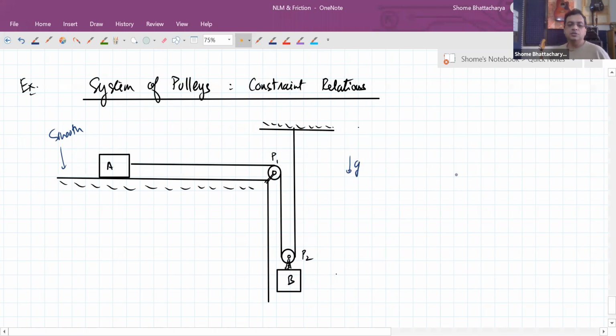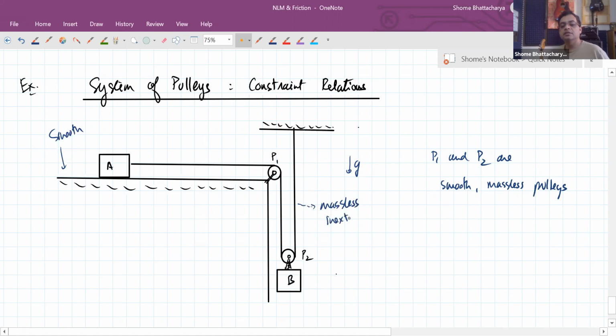This is a vertical situation. P1 and P2 are smooth and massless pulleys, or very light pulleys. This is a massless and inextensible thread.